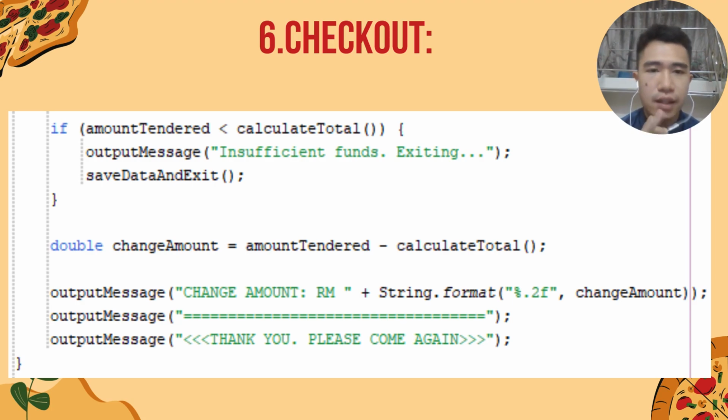If the system detects that the customer has paid enough money, then it will subtract the total price of the pizza, and then it will pop up the change amount that needs to be paid back to the customer. Lastly, it will show the welcoming slogan of the pizza shop, which is "Thank you, please come again," and it will directly exit the system.